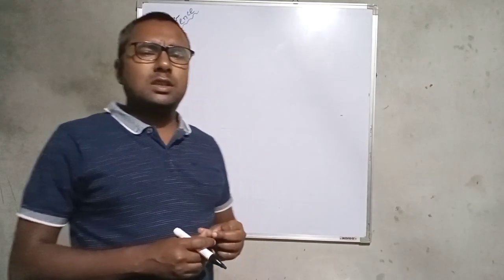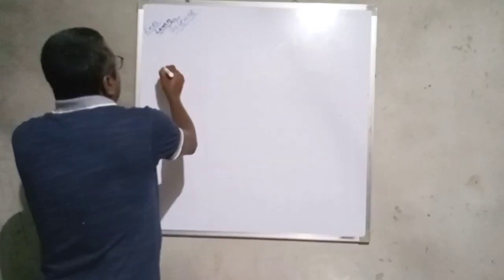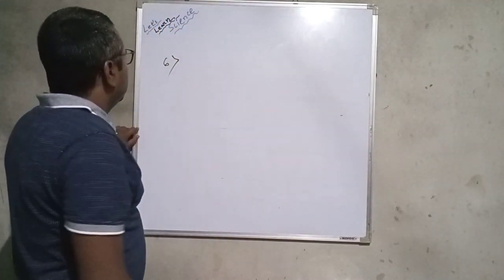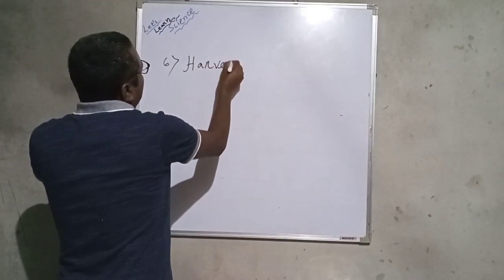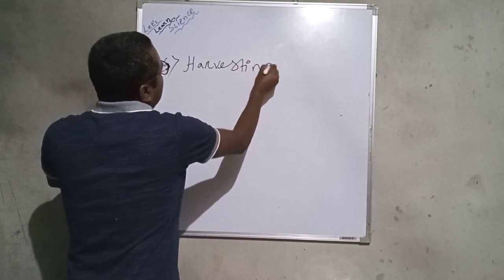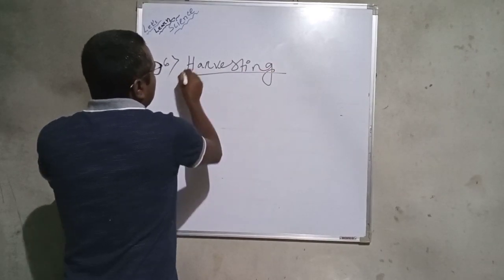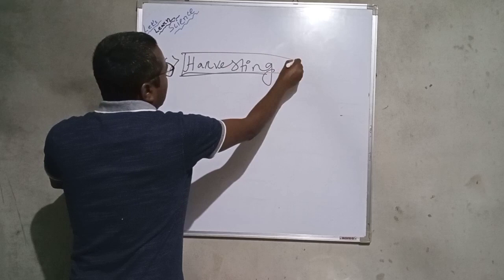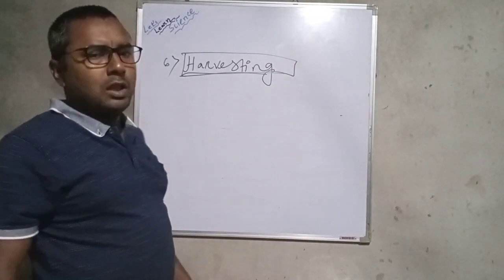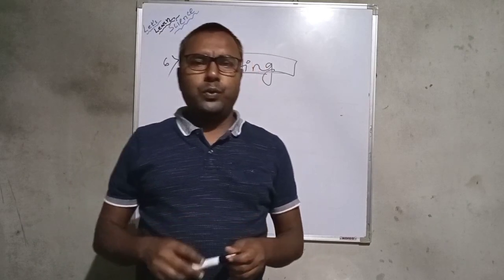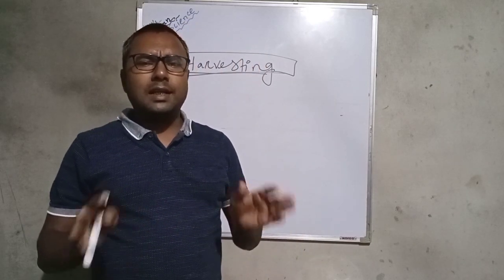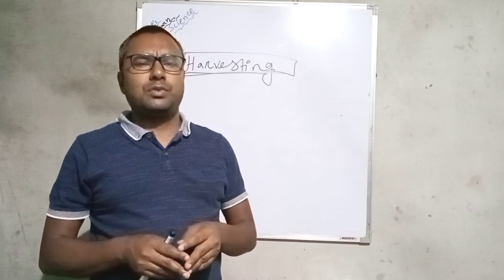So this is the fifth step of agricultural practices. Now let us see the sixth one, that is harvesting. What is it? Harvesting means, as we already know, cutting off mature crops.